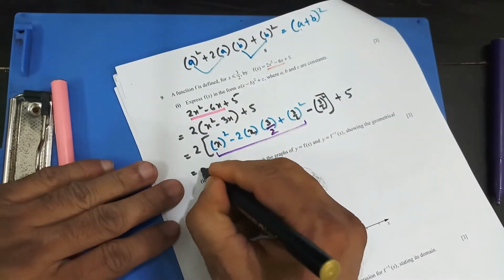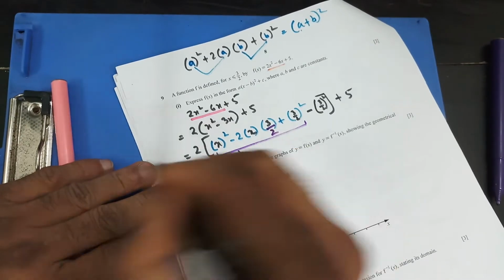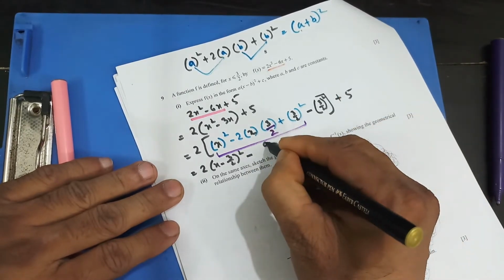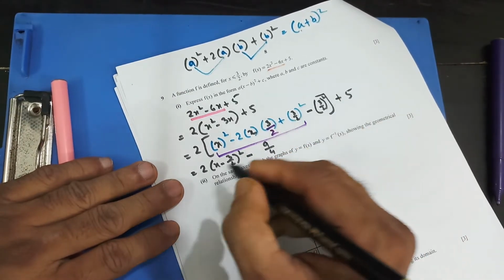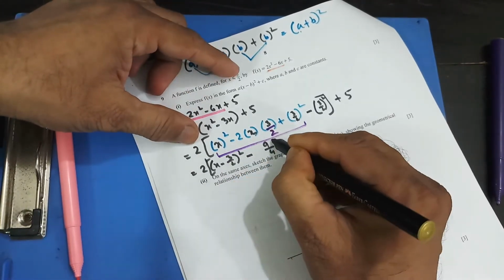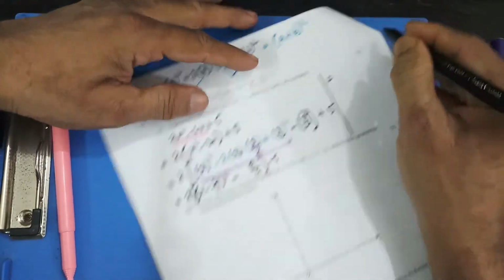So that's going to be 2 times (x minus 3/2) squared, and that's going to be minus 3 squared, which is 9, divided by 2 squared, which is 4. Let me do another line: plus 5.